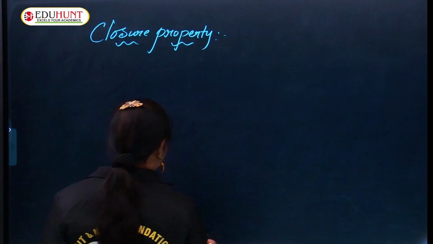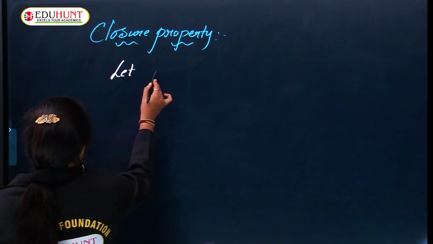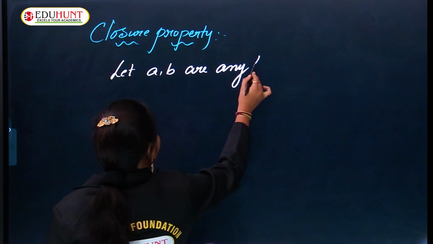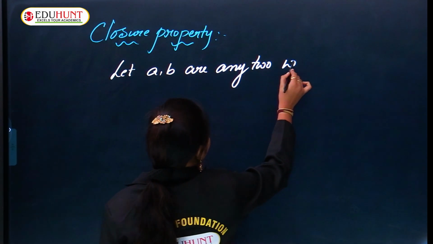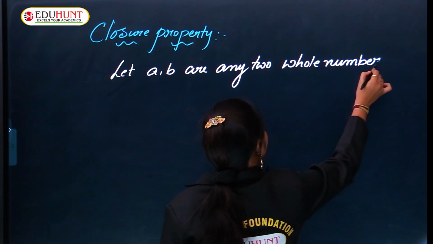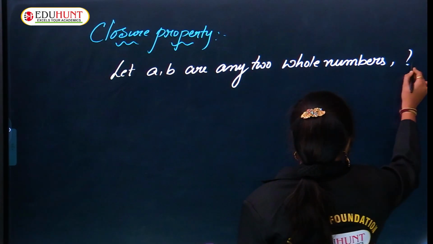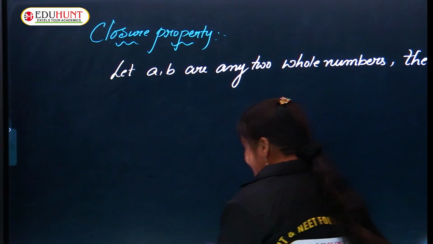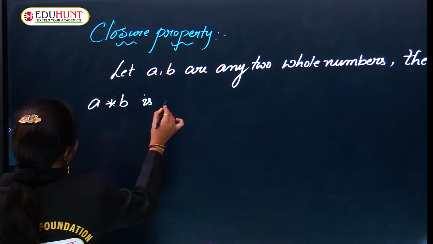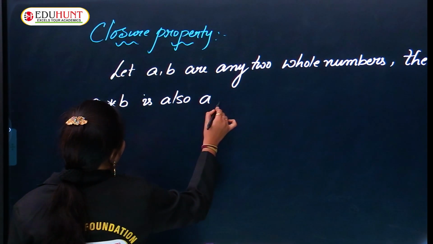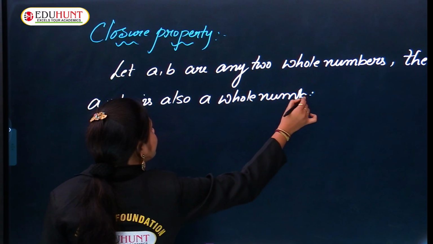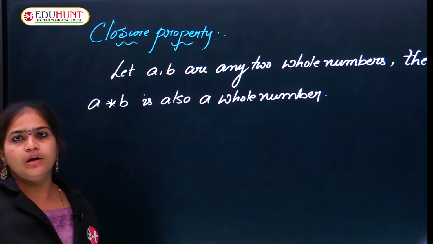Let A, B be any two whole numbers. Then A star B is also a whole number.